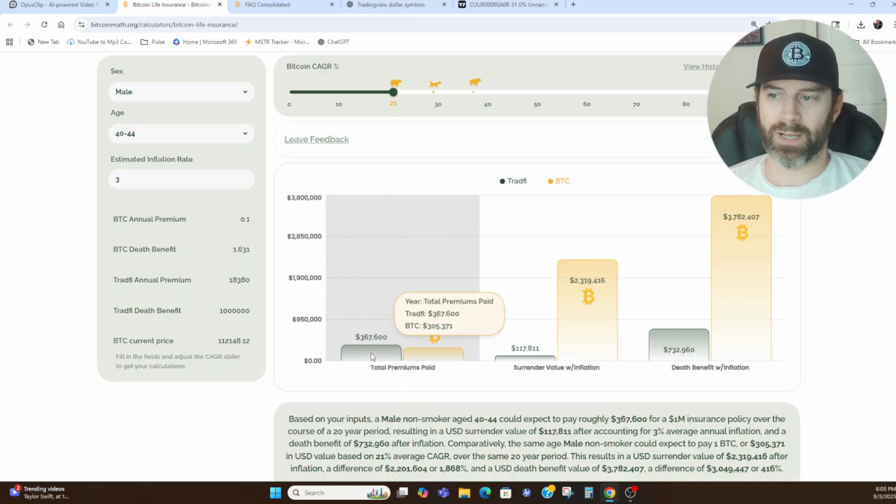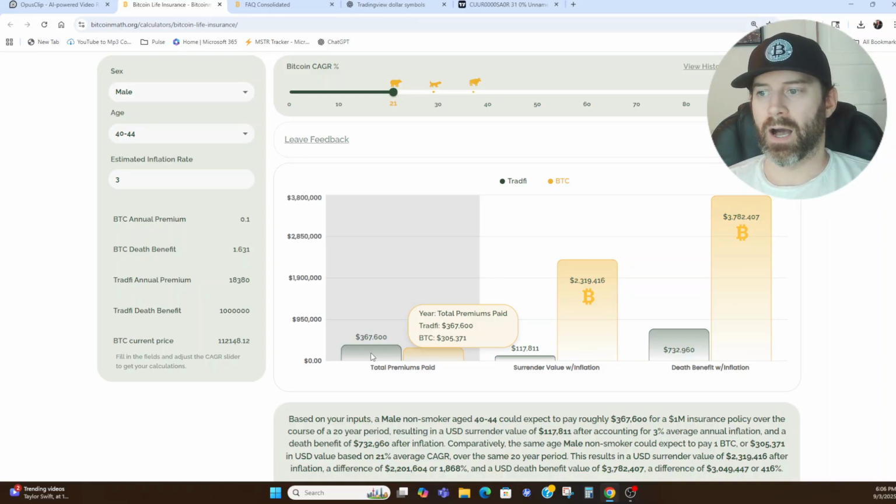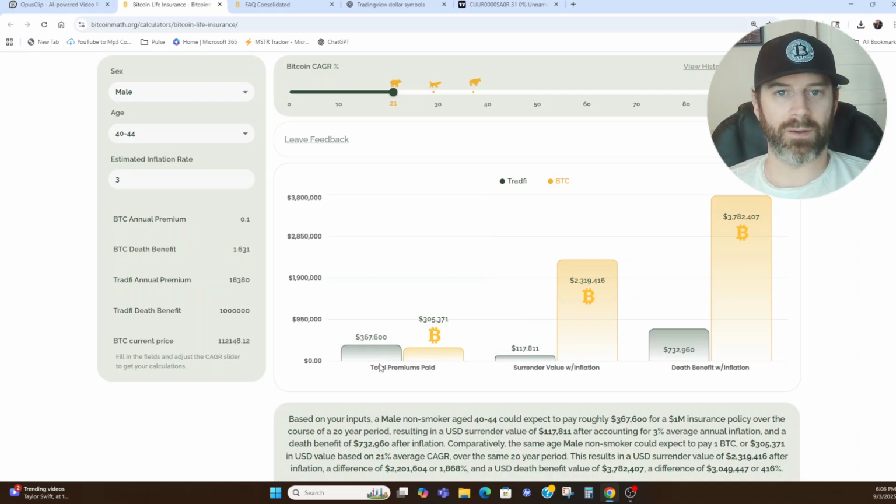So by doing that, we can see that over the 20-year period, if I'm a male age 40 to 44, non-smoker, we also assume non-smoker, I will have paid $367,000 in premiums for my traditional policy, and based on a 21% compound annual growth rate for Bitcoin, I will have paid a roughly $305,000 dollar value in Bitcoin into my Bitcoin policy.